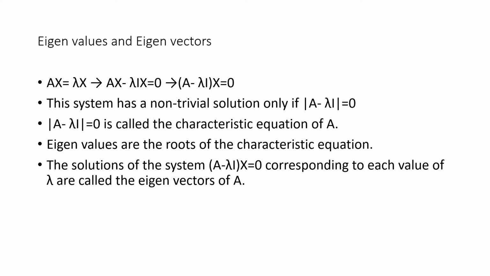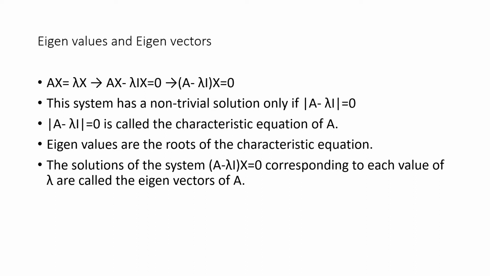In the earlier module, we have come across systems of linear equations. (A minus lambda I) x equals 0 is a homogeneous system of linear equations, and this system has a non-trivial solution only if determinant of A minus lambda I equals 0.